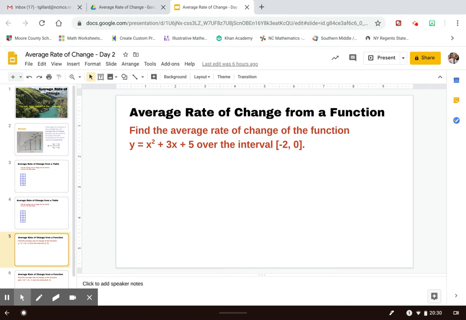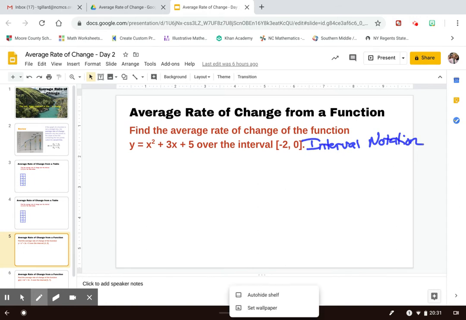Like we've already said, when we see something like this, which we call interval notation, we know that both of those are x values, and we're looking for the rate of change between those x values. So what I'm going to do is plug both of these x values into the function to get the y value that corresponds to the x value on the coordinate plane.